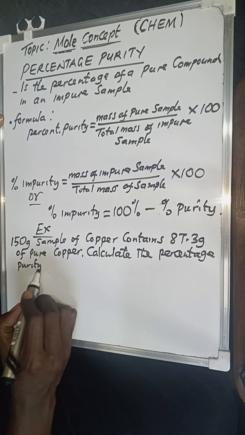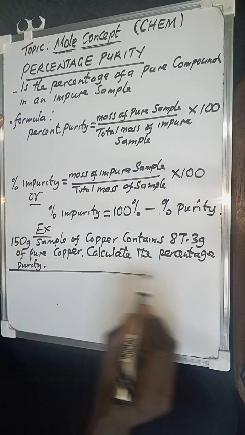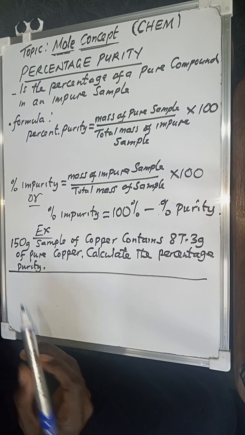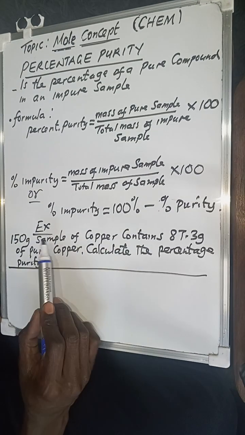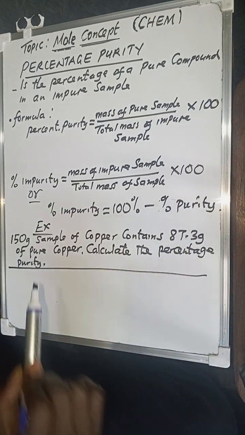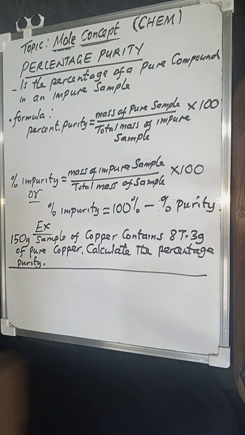Well, it becomes easy for you to actually calculate the percentage purity. Let me use a different marker as I try to answer that. They are telling you 150 grams of sample of copper contains that mass of pure copper.